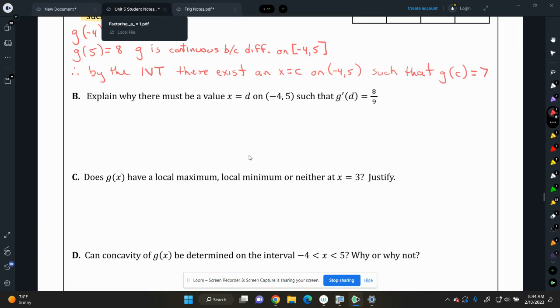It's decreasing. Okay, so if g prime is increasing and then g prime is decreasing, I can find a relative minimum or maximum for g prime. Okay, where can I go with that?